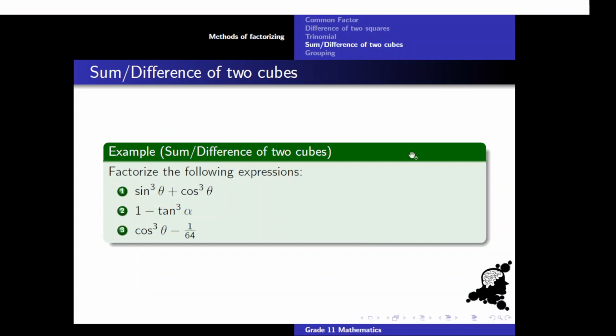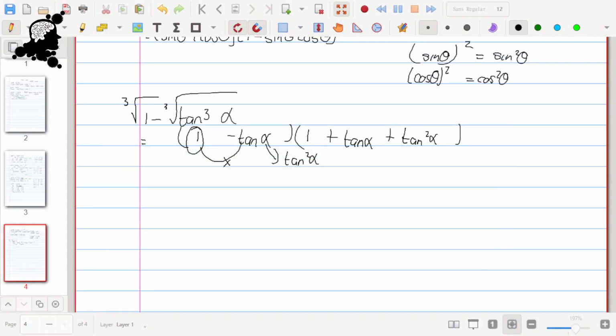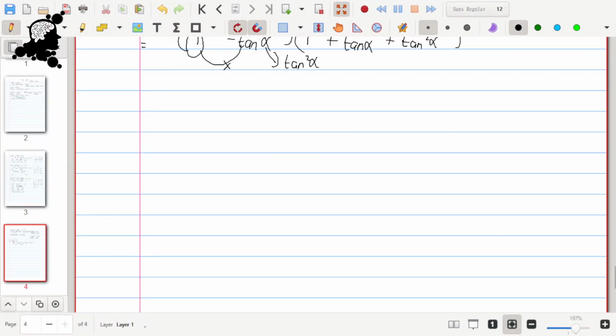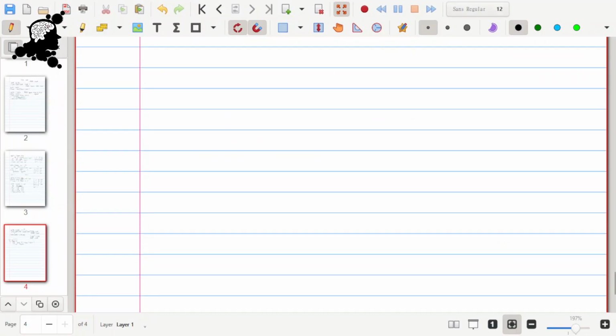Alright, lastly, we've got cos cubed theta minus 1 over 64. That's still a difference of two cubes. So let's look at it. We've got cos cubed theta minus 1 over 64.